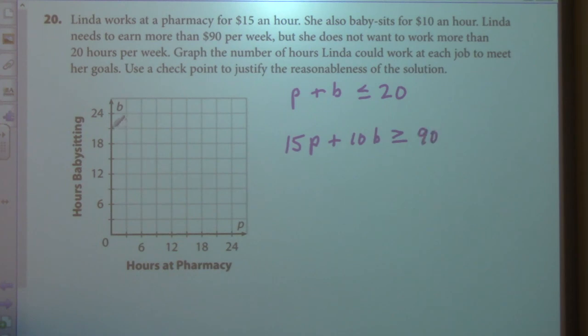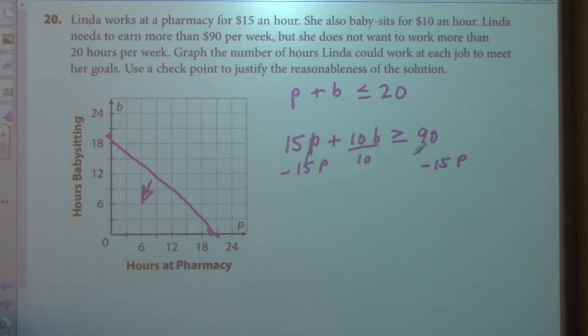Okay, we're just about out of time. So we have 20, it's right here and here. The intercept method is going to go like this. So that's going to be this way here. And then this one here, what do you want to solve for? B. So we divide by 10, right?